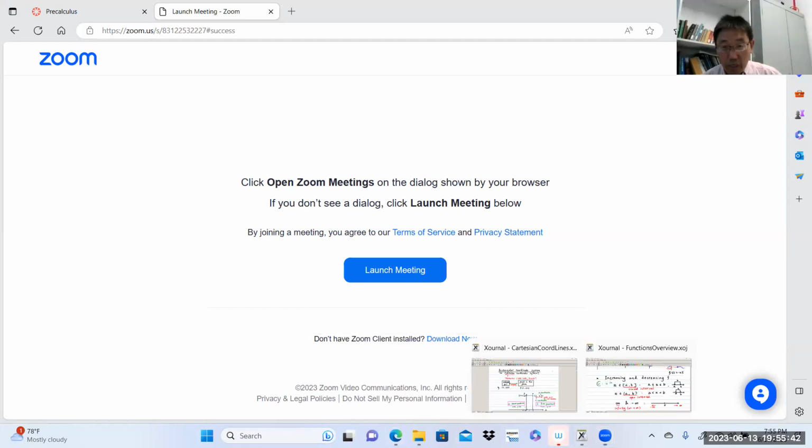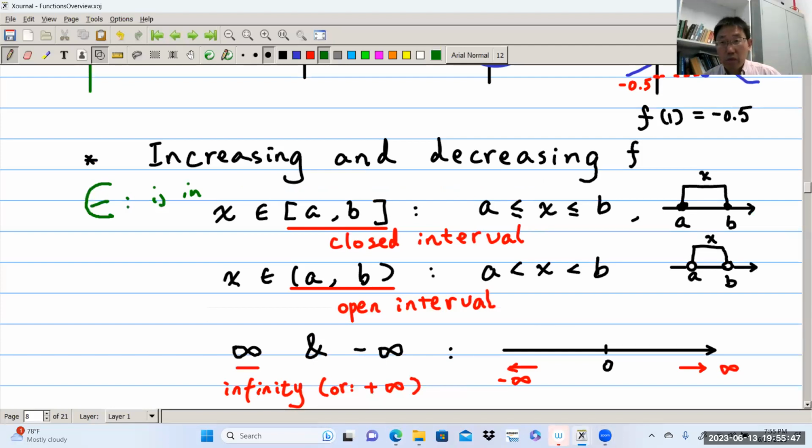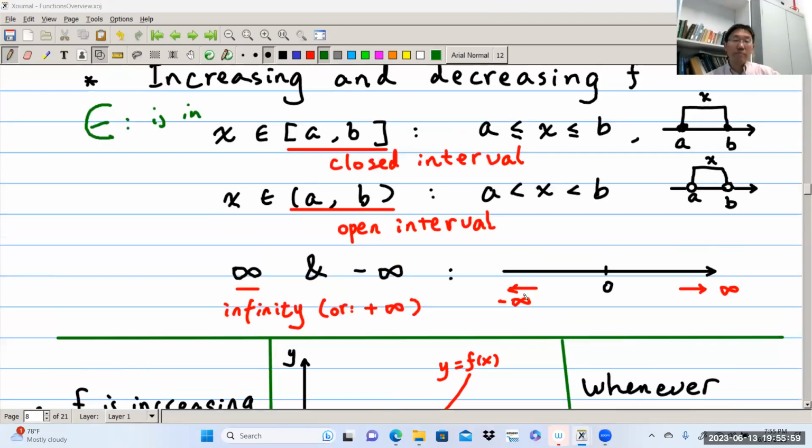I think we lost the connection here, right, when I talked about open intervals. Yes, open intervals. Okay. So of course, sometimes if we want to use an interval to describe the whole real number line, then we say the interval is from negative infinity to positive infinity.